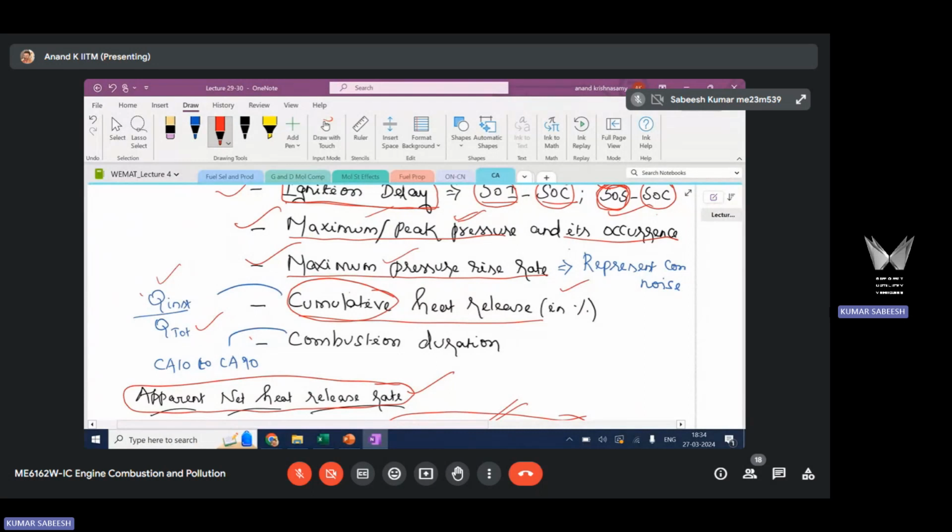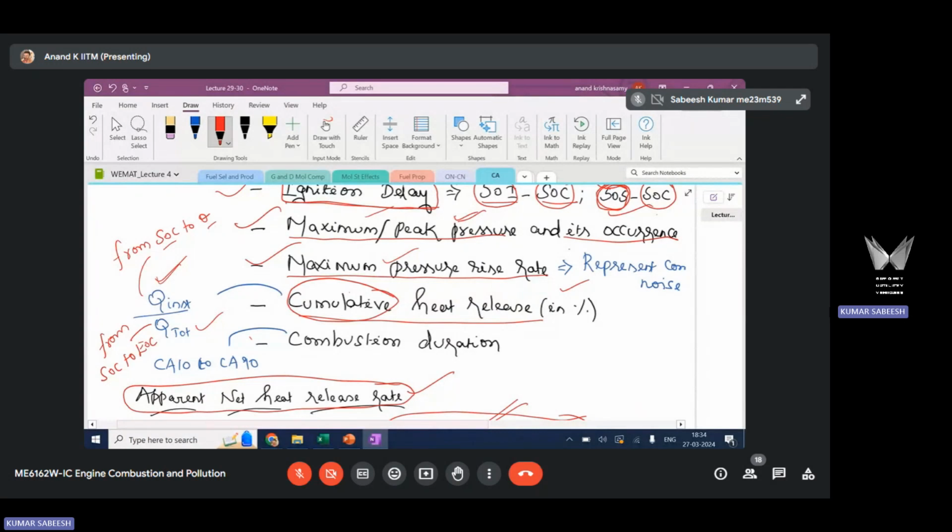So how do you get this instantaneous heat release? This is the heat release that you get from start of combustion to the crank angle instant at which you want to find the heat release. So basically, you are adding heat release from start of combustion to any crank angle instant. That is the numerator term. Denominator term, you are adding heat release from start of combustion to end of combustion.